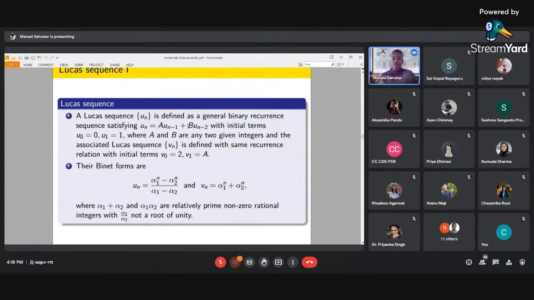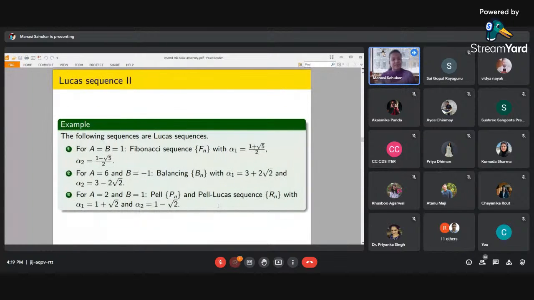There is one more sequence that is called the associated Lucas sequence. The associated Lucas sequence has the same binary recurrence, but the difference is that it starts with 2 and a, and the binary form looks like this: alpha 1 to the power n plus alpha 2 to the power n. I gave the Fibonacci sequence as one example, right?